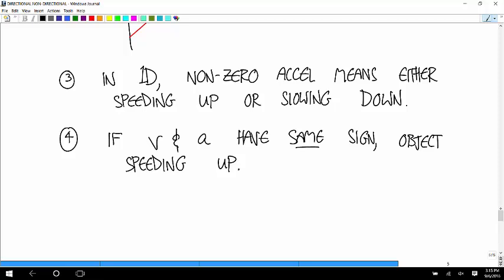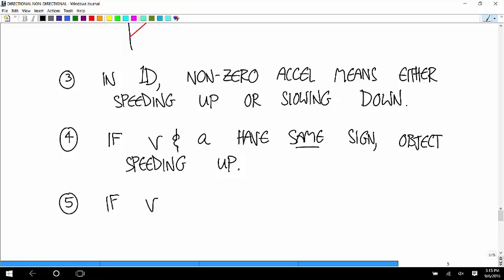And that's true whether they're both positive or both negative. If they're both positive, the object's moving in the positive direction and speeding up. If they're both negative, the object's moving in the negative direction and speeding up.